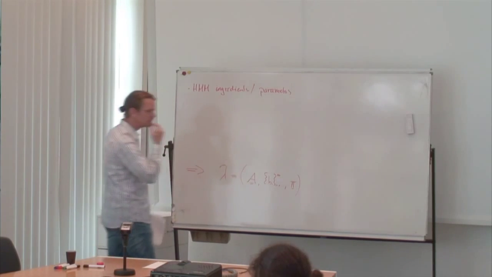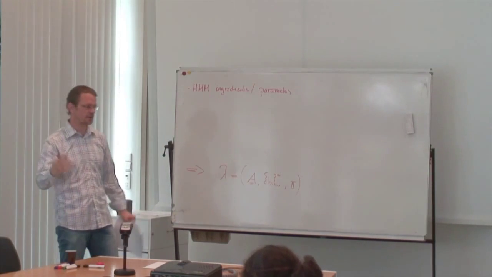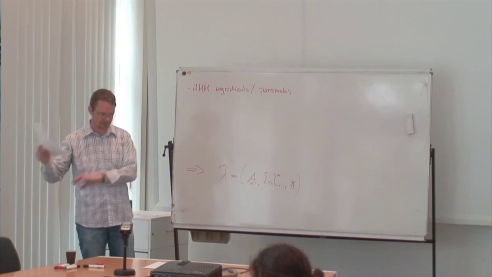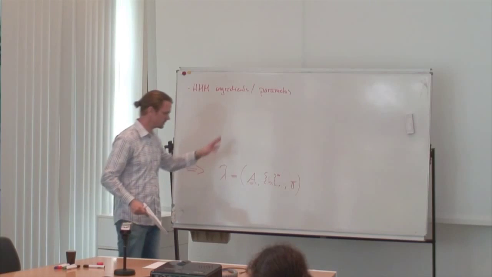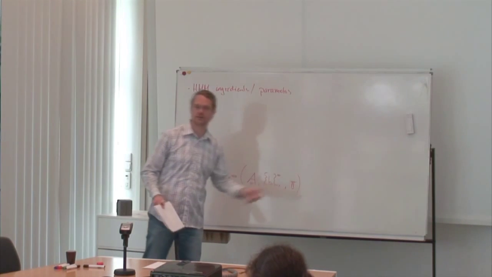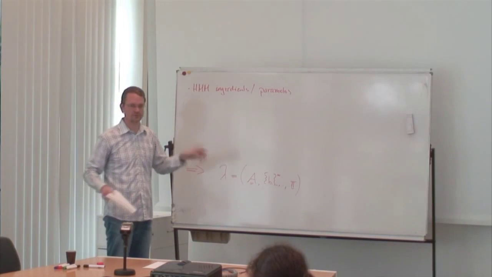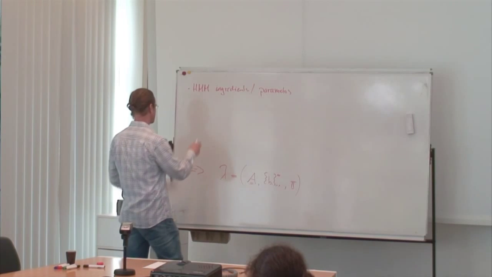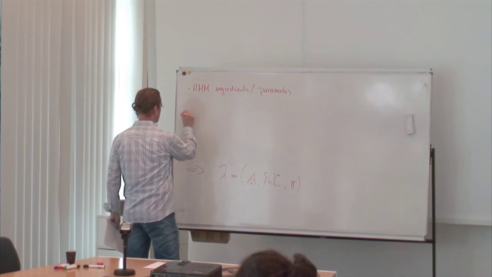Now that we have thought of the hidden Markov model in terms of not this P of something given something, but in terms of a_ij and b_i of O and pi, this is just a different way of talking about this. We can write down this joint probability in a different way.